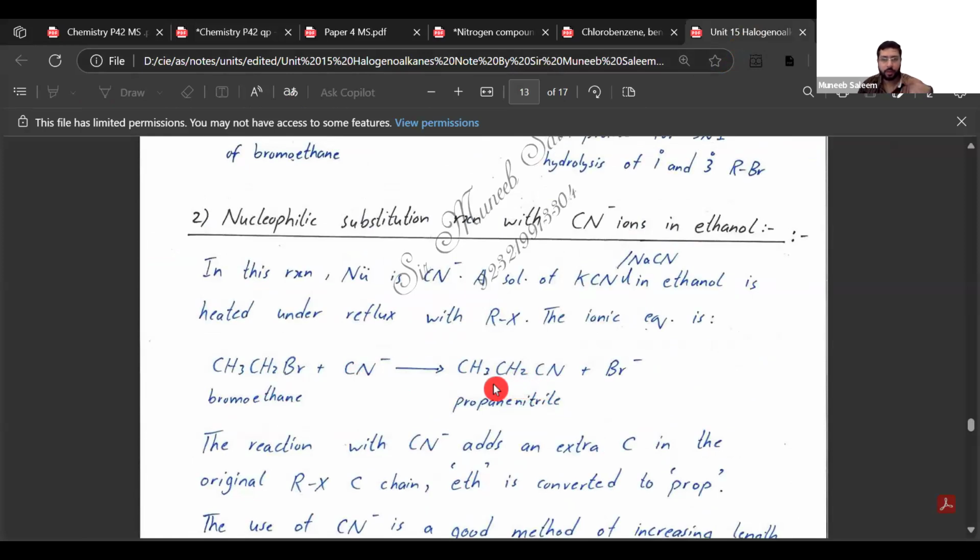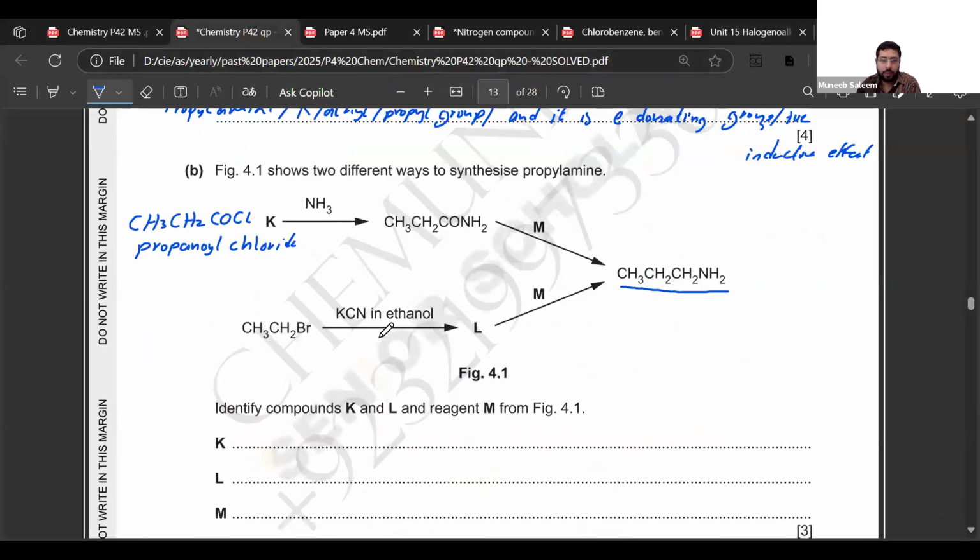So a nitrile compound is produced in this case in the presence of the KCN and ethanol. So here we will write a similar result. But this time there are 3 carbon atoms to be formed here. I will write L as the propane nitrile, not the ethane nitrile. It will be propane nitrile, CH3, CH2, and then CN, which is basically the propane nitrile.